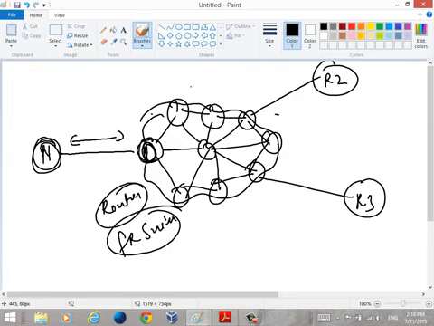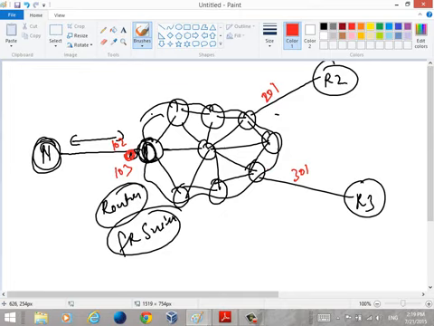Second thing, let's say R1 wants to reach R2. Here I am taking an example where DLCIs are defined. To this interface of the frame relay switch we have marked two DLCIs, 102 and 103. This is 201, this is 301. First thing, R1 will send a signal to the frame relay switch, if inverse ARP is on.